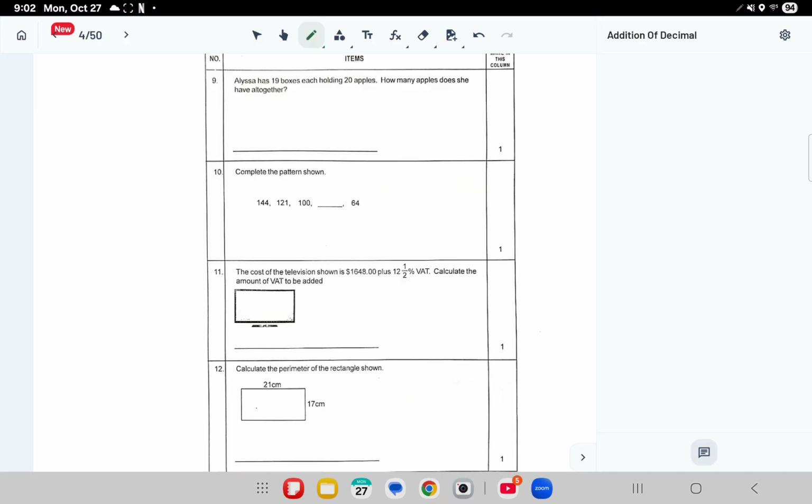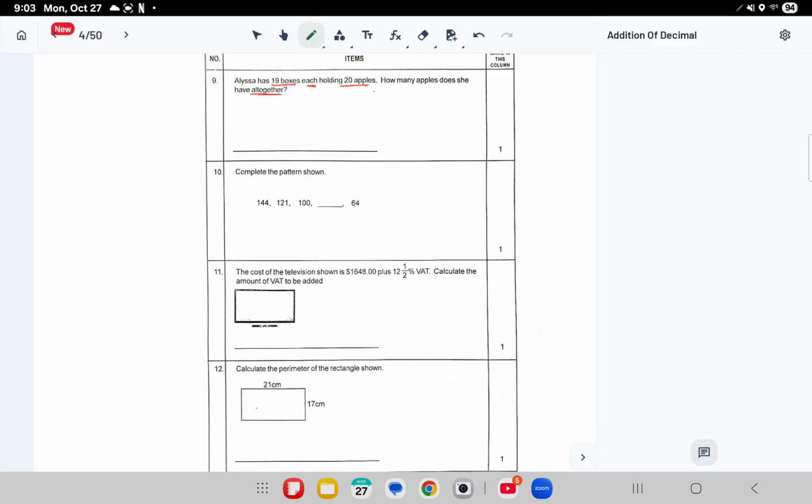Number 9, they said Alyssa has 19 boxes, each holding 20 apples. Each means for every one box there are 20 apples. They said how many apples does she have all together? So we want to find out the total.